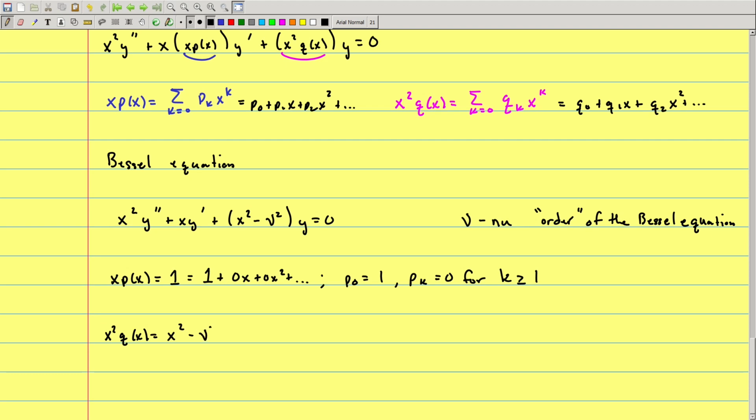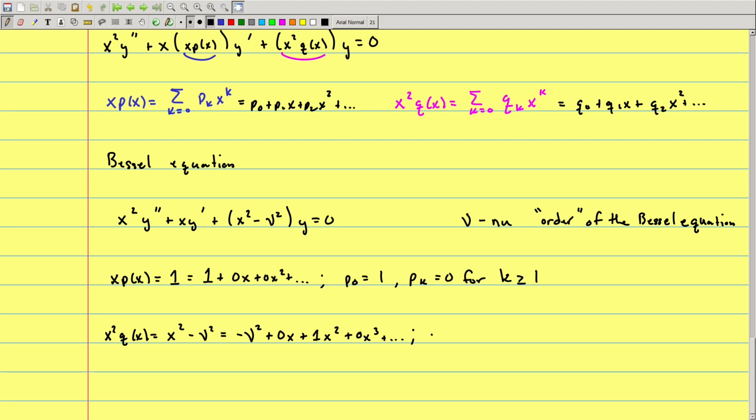x squared minus nu squared, and what this tells us about the power series is that we have minus nu squared plus 0 times x plus 1 times x squared plus 0 times x cubed, and so on.